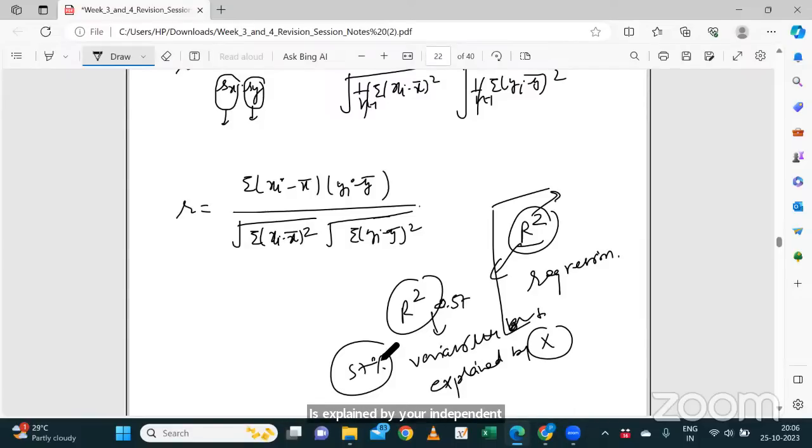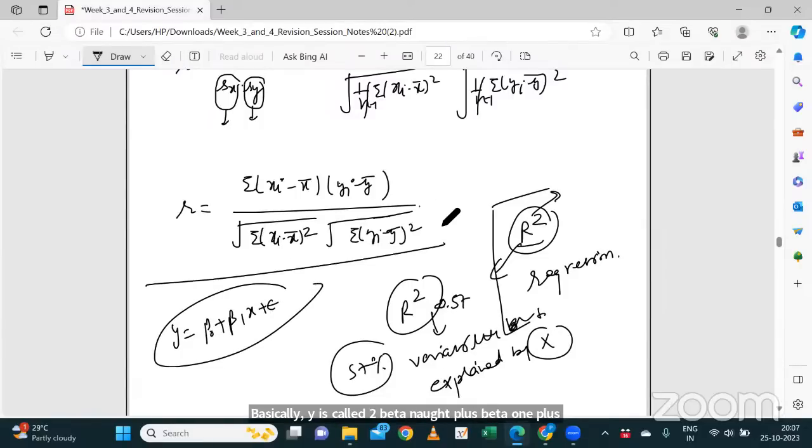Sir, here variability is the variation? Yeah, how much variation is in your data set. If there is variation in your data set, how can we explain it? Basically, if you study linear regression, y is equal to beta naught plus beta 1 x. This is the simple linear regression equation. That's not in our course, I'm just going to give you an idea.